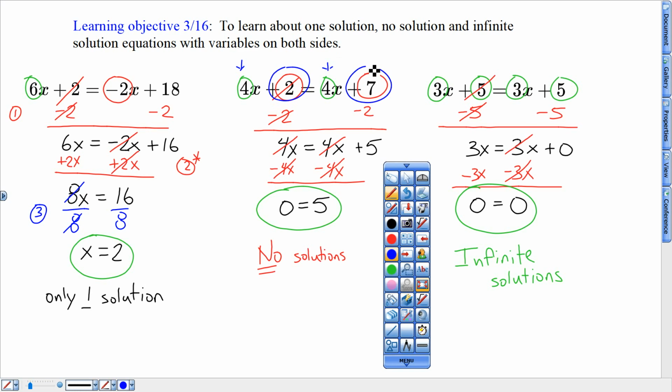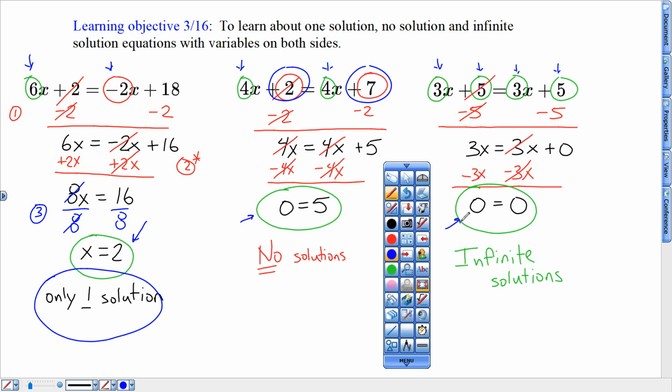One solution always has different numbers in front of x. As soon as you see that, instant one solution. And then, of course, the easier one, when everything's the same, that's your typical many solution. But again, knowing all the algebra steps and knowing the kind of ways that the answers that you get and what those tell you too.